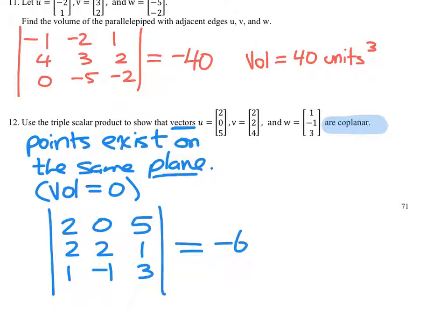So that's wrong. So what did I type in incorrectly? It wasn't asking me if it was coplanar. It was saying it flat out was coplanar, so it needed to give me a result of 0. So when I got something other than 0, I fixed it in the calculator. I was just about to do that.